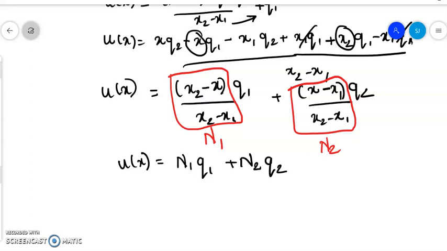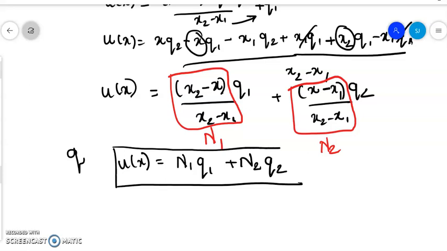Sometimes we also write this as u of x. In this particular case we have considered that the displacement at any point x is u of x. You could also consider that the displacement at a point x is small q. So this is the equation for the shape function.